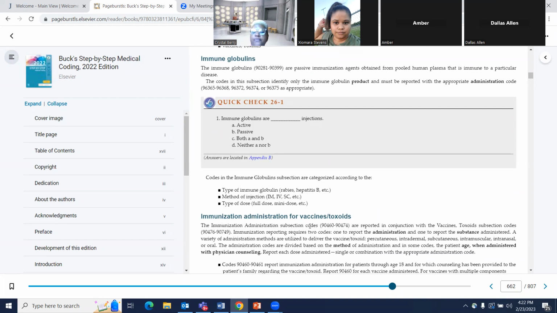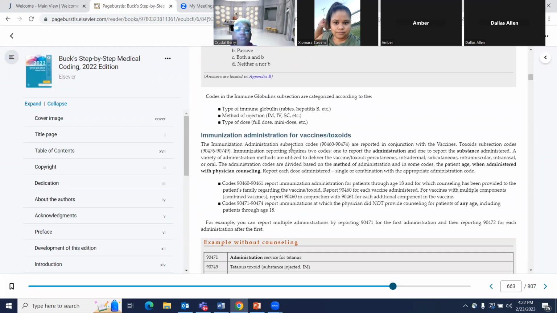Next, immunization administration for vaccine toxoids. You will definitely see a lot of this when coding, especially when it's time to go back to school, or when we have an outbreak of a virus and the insurance company does not want to pay, or if it is paying, you still have to report this. So this section you really need to pay close attention to.